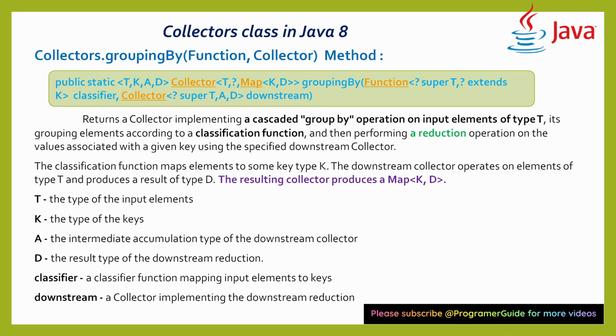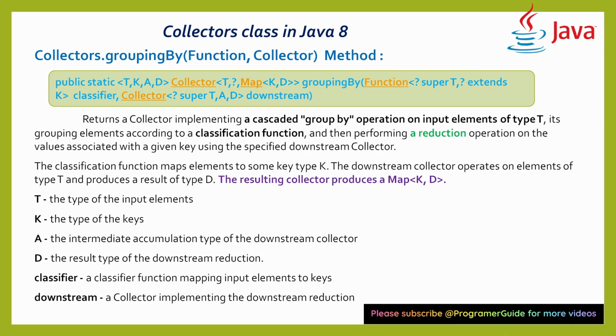The classification function maps an element to some key type K. The downstream collector operates on elements of type T and produces a result of type D. That means whatever data is taken as input, the operation is performed on the downstream collector, and it is displayed as the end result of type D. Here the classifier function maps the input elements to keys, and the downstream implements the downstream reduction operation.